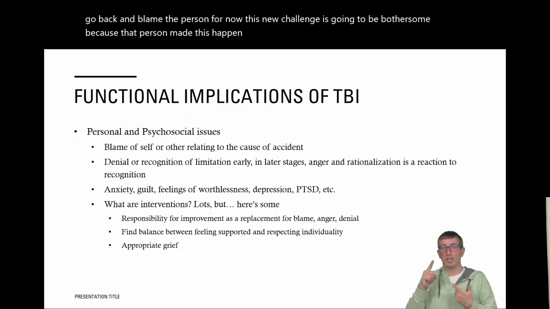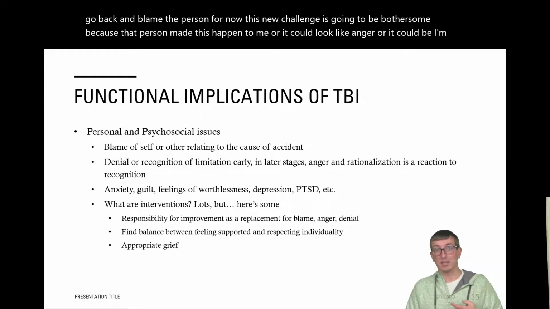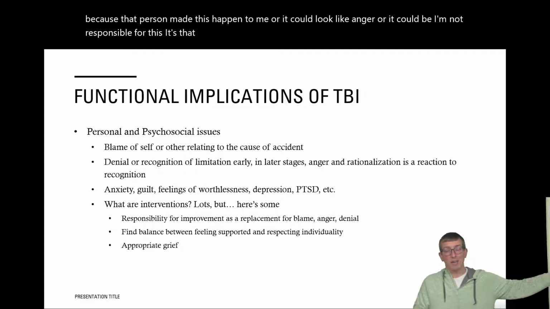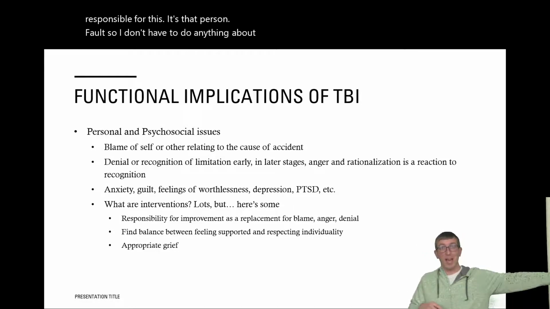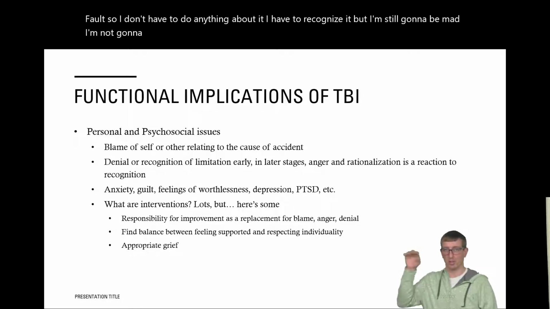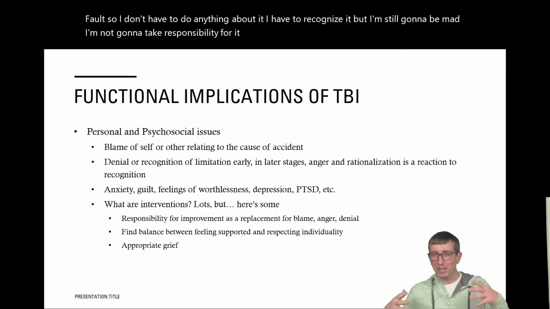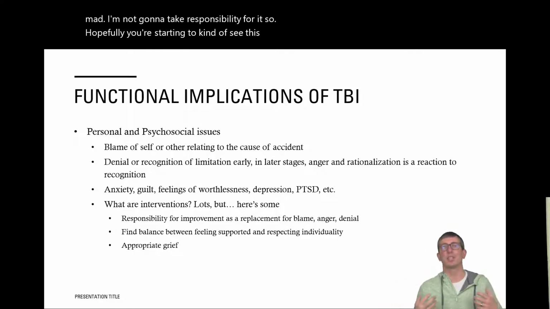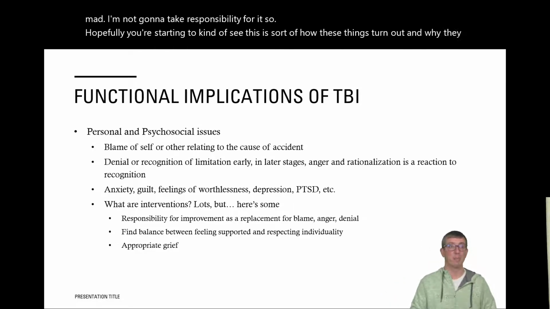Or it could look like anger. Or it could be, I'm not responsible for this, it's that person's fault, so I don't have to do anything about it. I have to recognize it, but I'm still going to be mad and I'm not going to take responsibility for it. Hopefully you're starting to see how these things turn out and why they turn out the way they do.